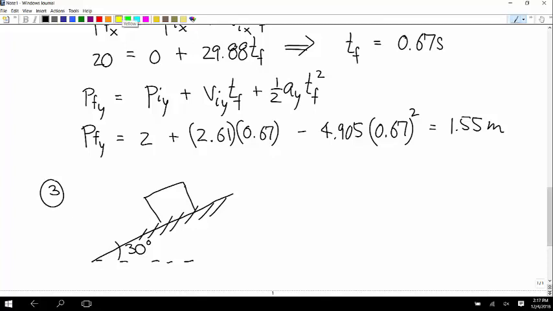And so for any rolling or sliding problem, the y-axis points out of the surface. So we're going to use a rotated coordinate system, with the y-axis this way and the x-axis this way.